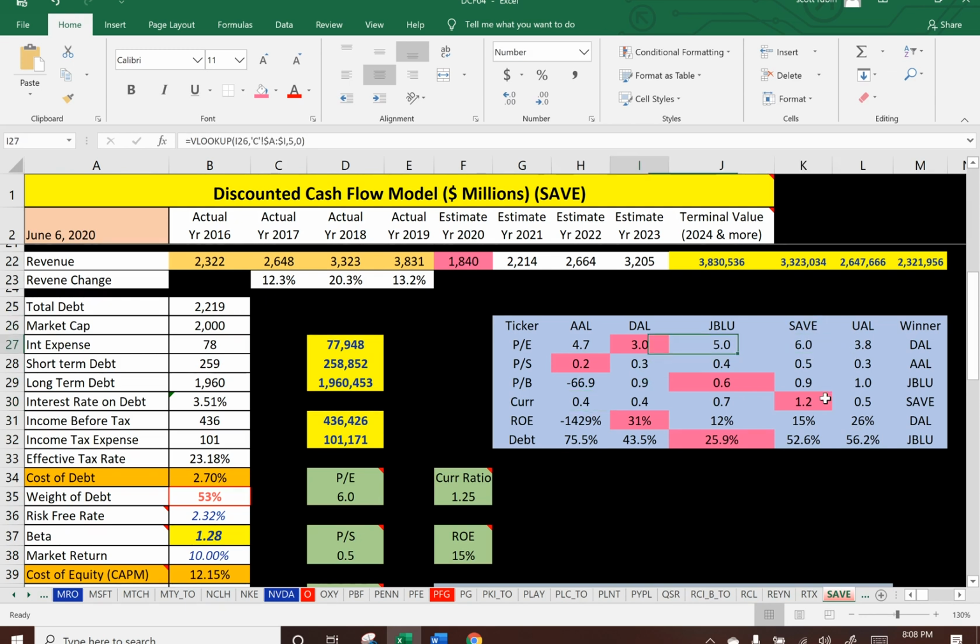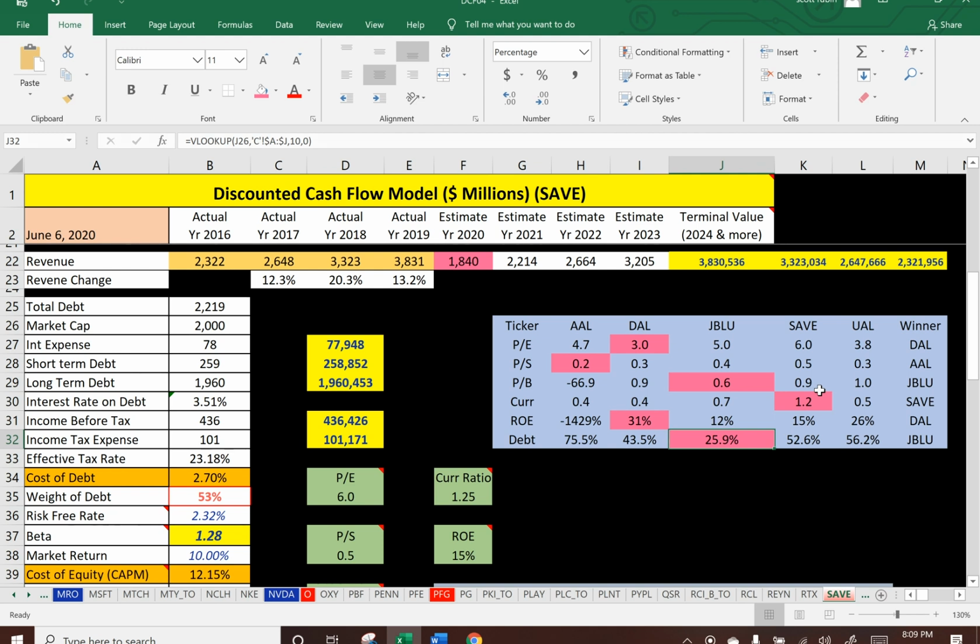So the PEs are all really low with the airlines, under 15, just because the stock price has come down so much, and it just makes it look more attractive. So all 3 of these are really low. Current ratio only, Spirit is in good shape with that. ROE, they're all okay, except for American, who had a loss in 2019, so they have a negative ROE.